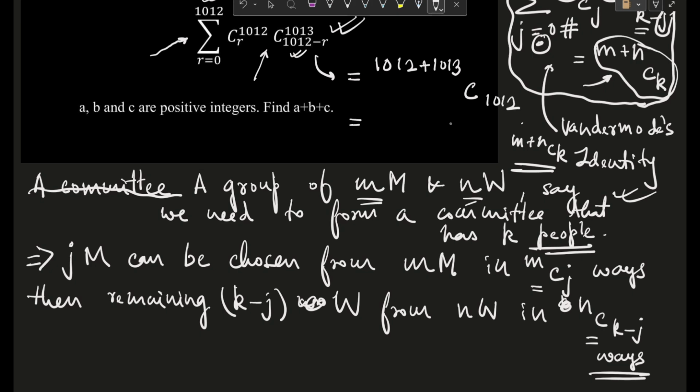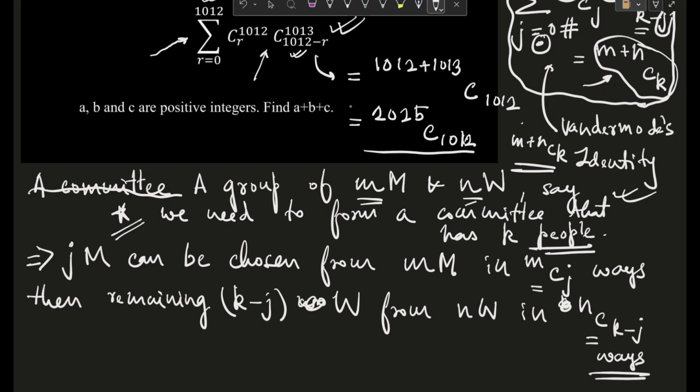So I guess this is actually coming out to be 2025 C 1012. So this is it for our denominator. I hope you guys understood. This was a really good method I developed. Please try to look into this.